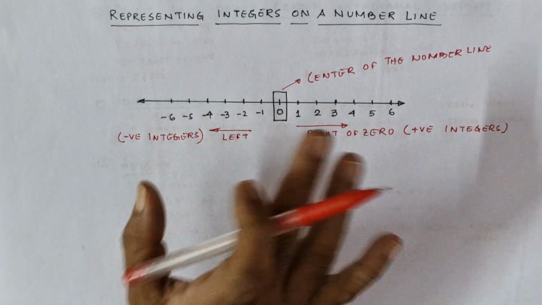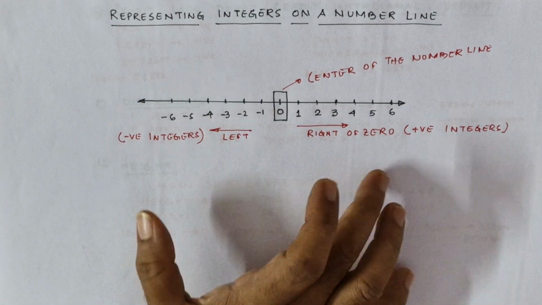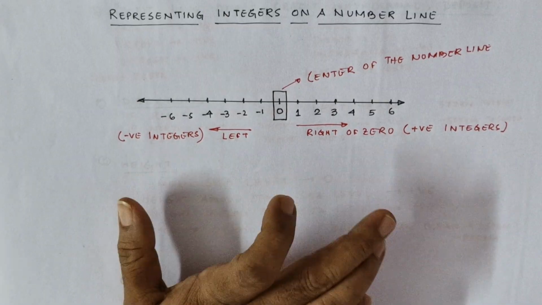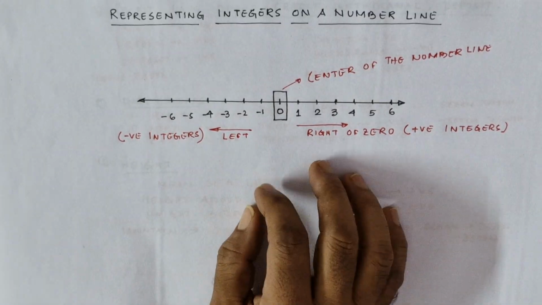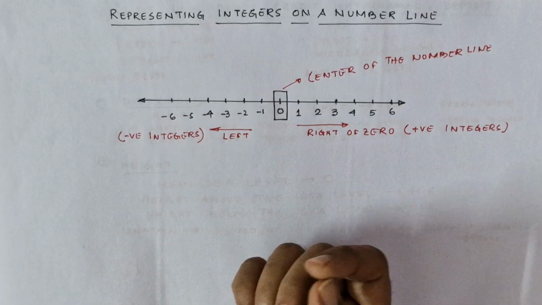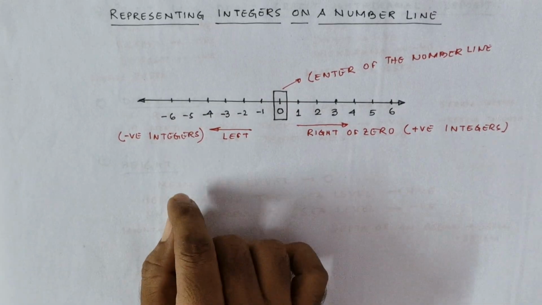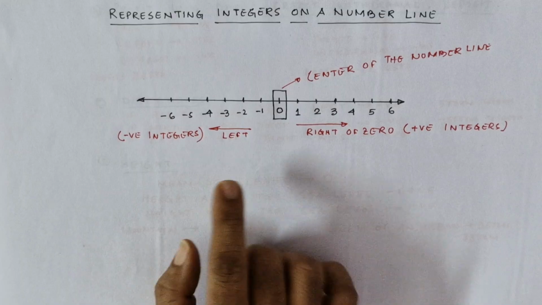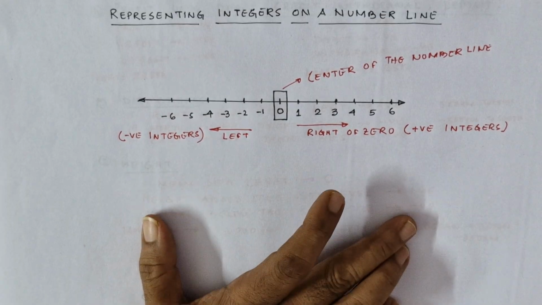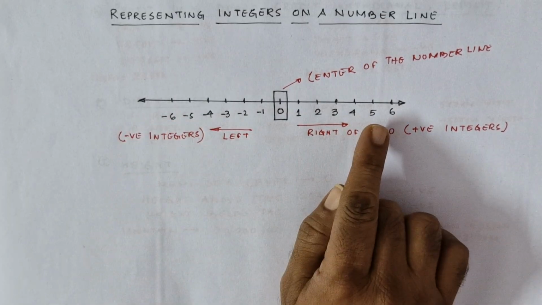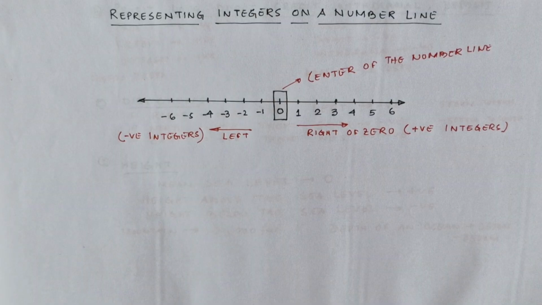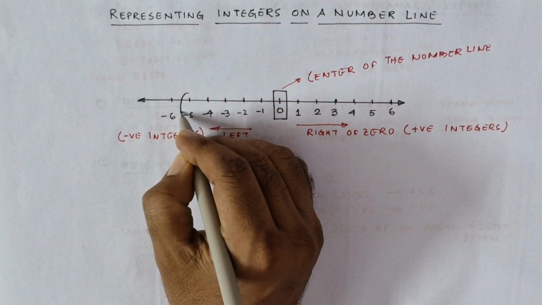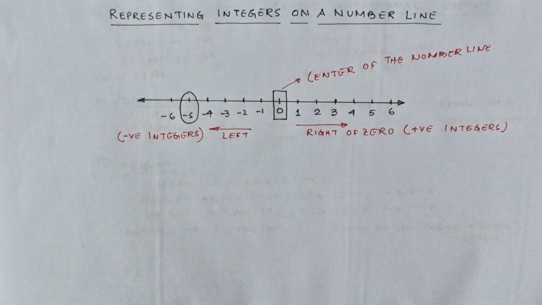Now, let's see if you get a question like mark -5 on a number line. It's a very easy way to represent any integer on a number line. So if you get a question, represent -5 on a number line, what should you do? You draw this number line, got it? And circle the number which is required. -5 is required, so circle this.